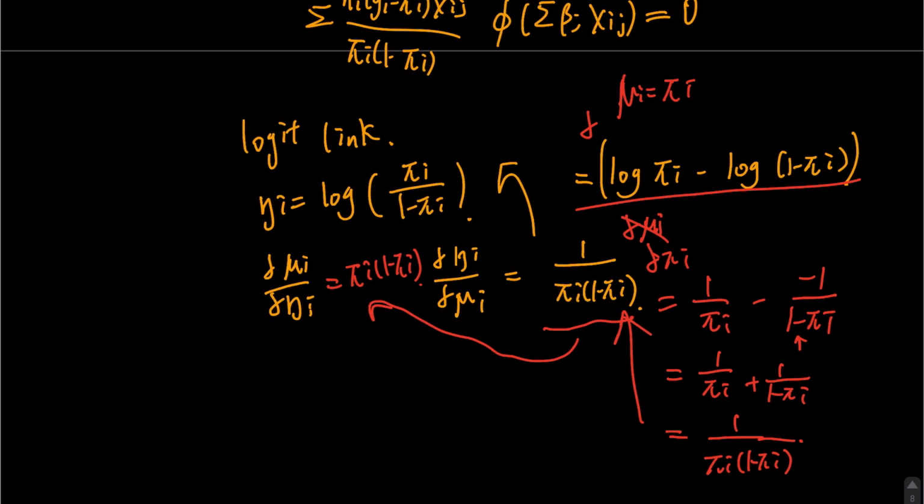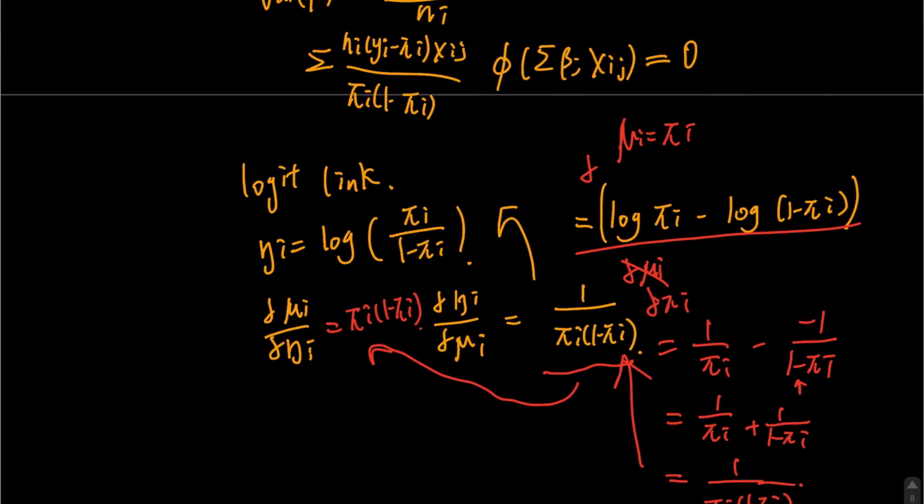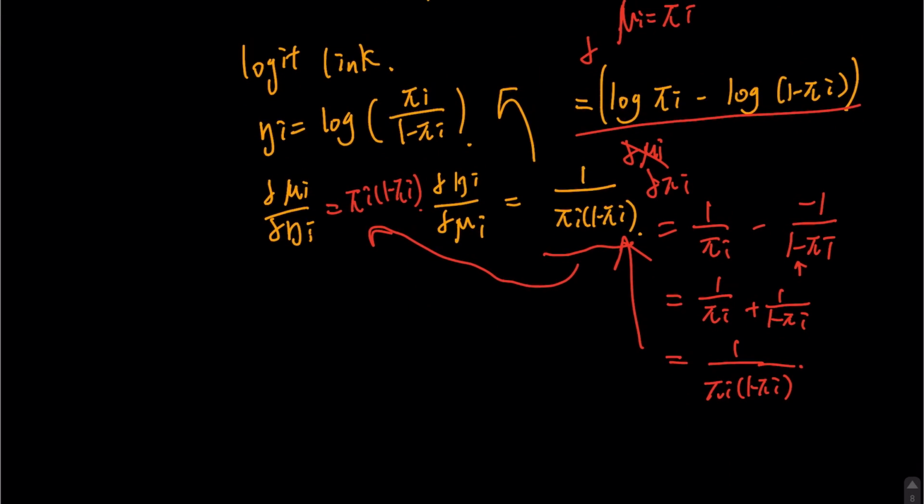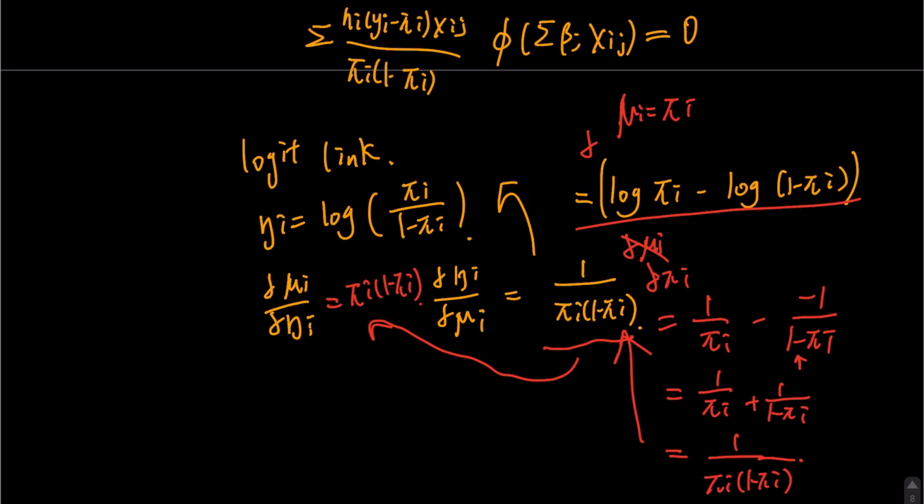So in this case, the estimating equation looks like this. n_i (y_i - pi_i) x_ij. This is the dl_i d theta part.